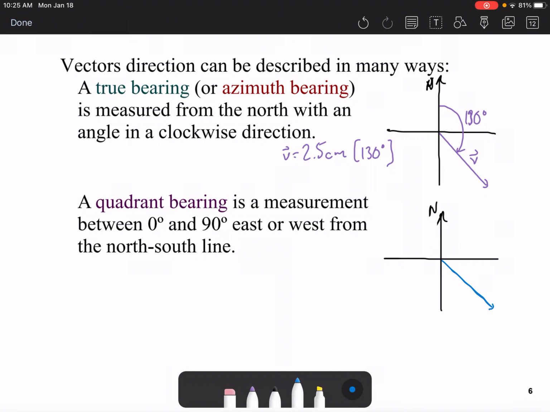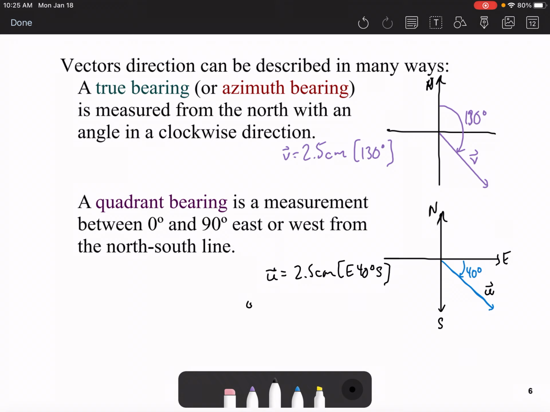Now in this case, this angle right here was only 40 degrees down from the east line. And it's headed towards the south. So this vector, I'm going to call this vector U. This vector U can be described as 2.5 centimeters, east 40 degrees, headed towards the south.